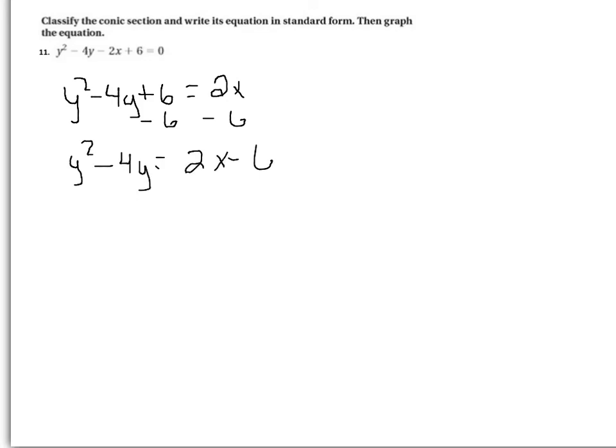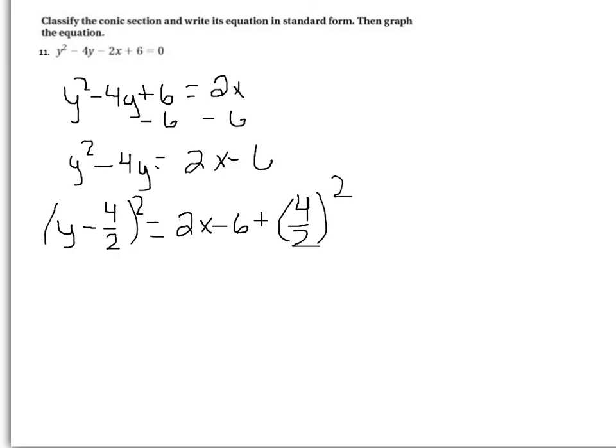Now I got to complete the square again. So I get (y minus b divided by 2) squared equals plus (b divided by 2) squared. So I get (y minus 2) squared equals 2x minus 6 plus 4.